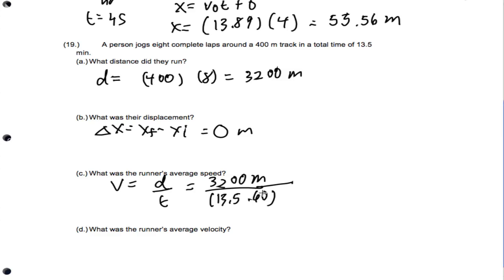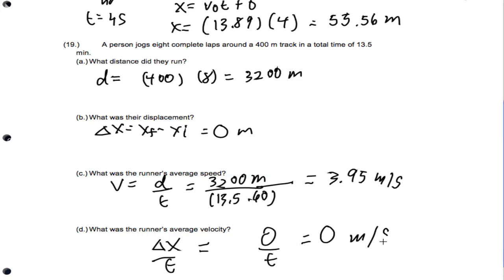So 3,200 divided by 13.5 times 60. Notice I put that in parentheses. And that ends up giving me something like 3.95 meters per second. That seems kind of fast, but hey, what are you going to do? And then we went over the runner's average velocity. That's displacement over time, and that's 0 over time, which is 0 meters per second.